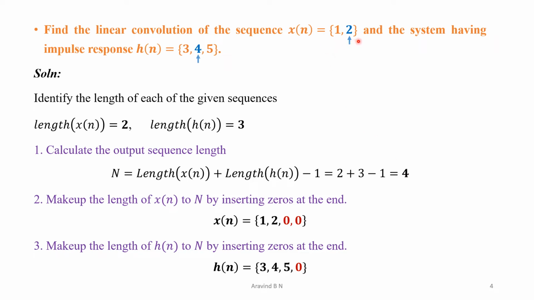Therefore, we need to insert 2 zeros at the end so that the length of x of n becomes equal to 4. So, that has been done over here. Similarly, in step 3, make up the length of h of n to N by inserting zeros at the end. We have to make the sequence length of h of n equal to 4. 3 elements are already present. We must insert 1 zero at the end so that the sequence length becomes equal to 4. And that has been done over here.